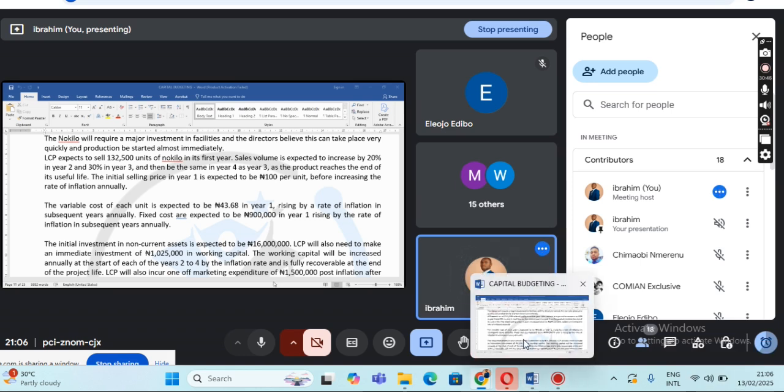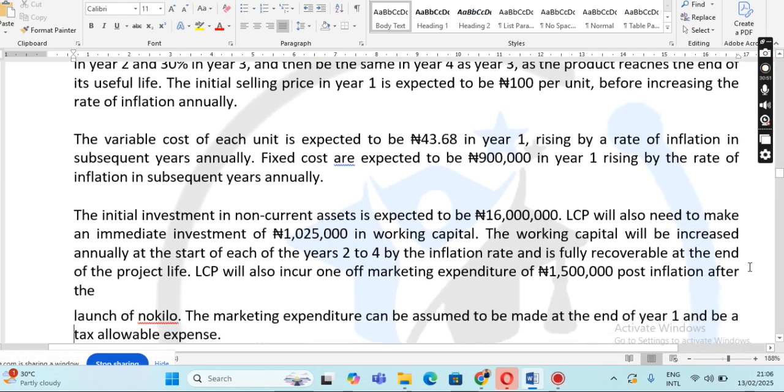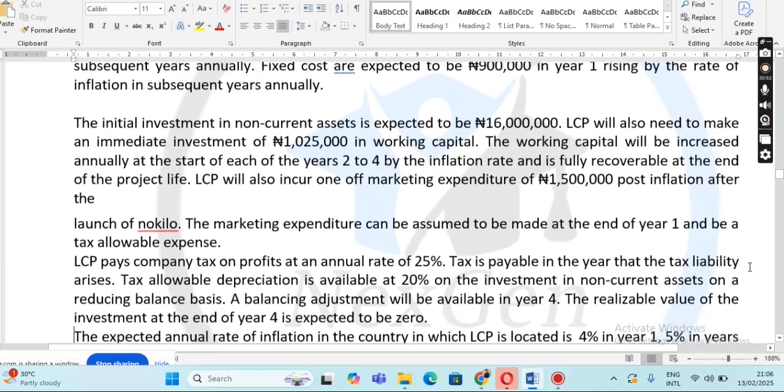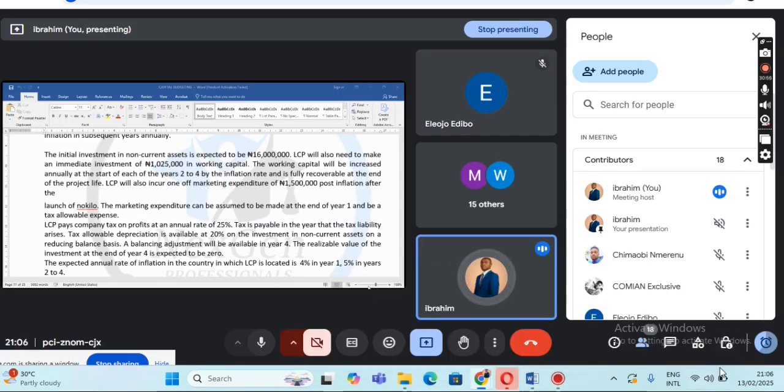Now, the initial investment in non-current assets is expected to be 16 million, which is the cost when you want to embark on this project. The cost of the asset is 16 million, which will be at your year zero.